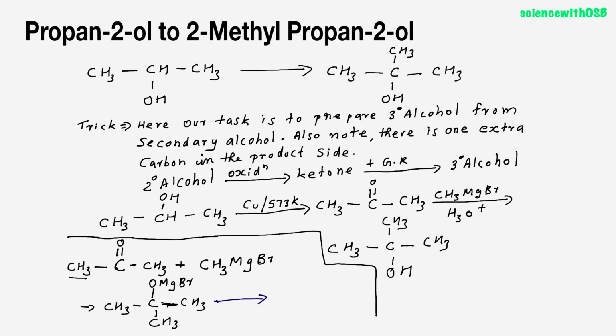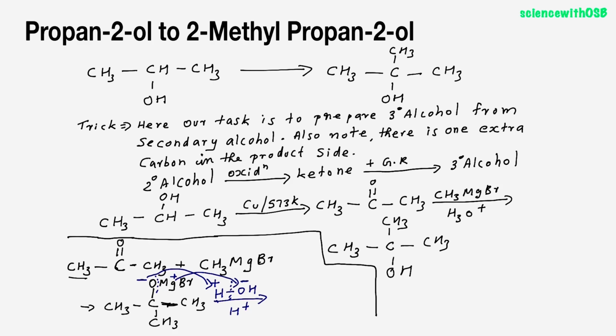Now what are we doing? Adding H2O in the presence of H plus, that is H3O plus, right? Now this bond breaks. Oxygen becomes negative, Mg becomes positive. This bond breaks. Hydrogen becomes positive, OH becomes negative. Now O minus will take this H plus, and MgBr will take this OH minus.